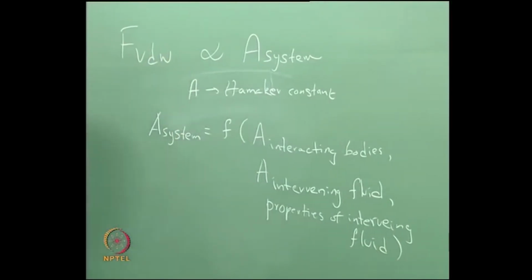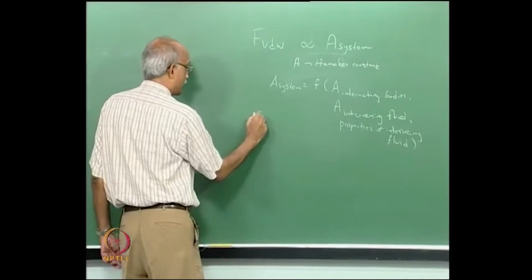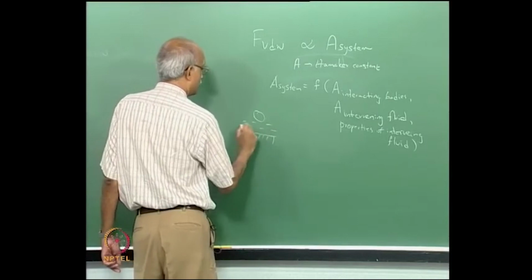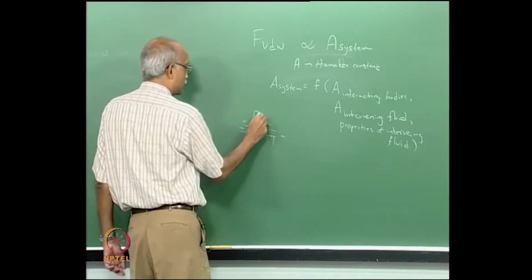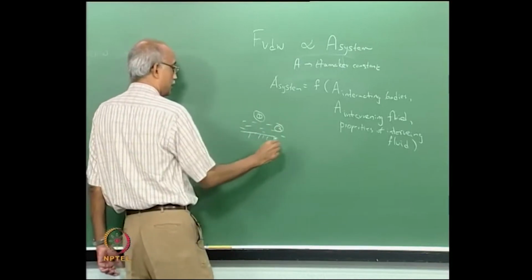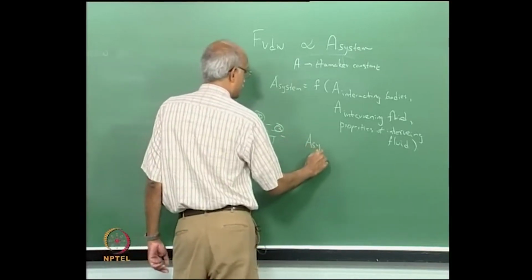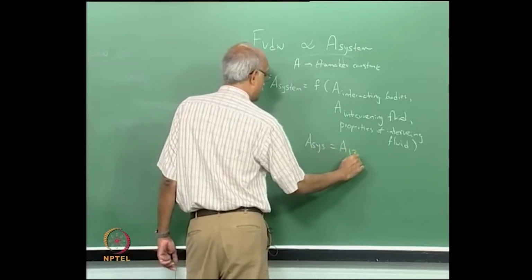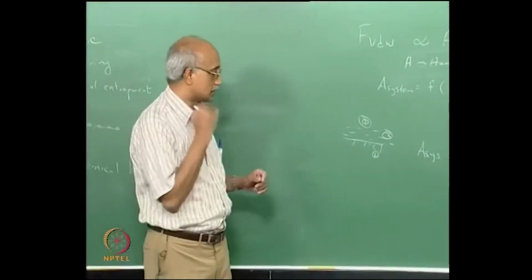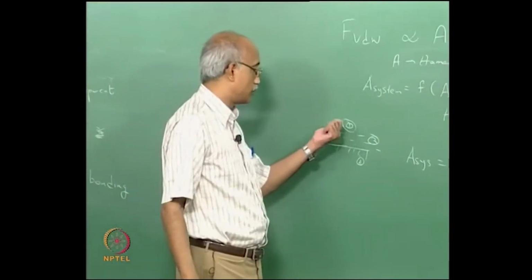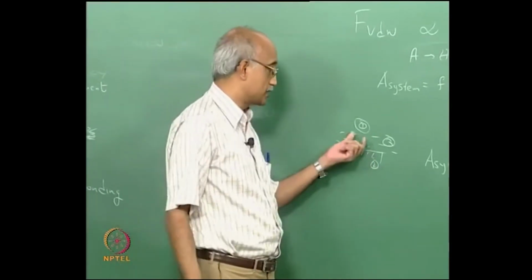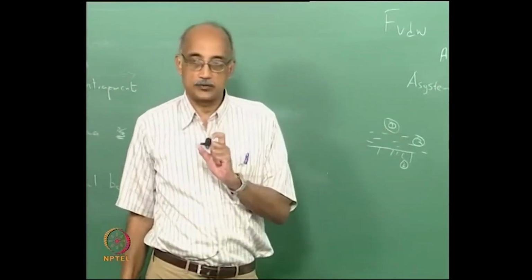So for a system where you have, let's say, a particle and a surface with some intervening fluid, let's call this 1, 2, 3, then A system equals A132. The Hamaker constant for the entire system reflects the Hamaker constants for 1, for 2, and for 3, as well as the various physical properties of the intervening fluid.